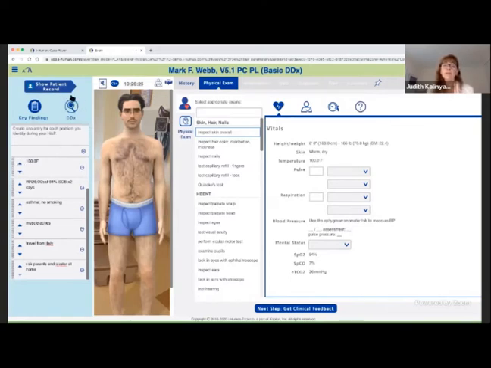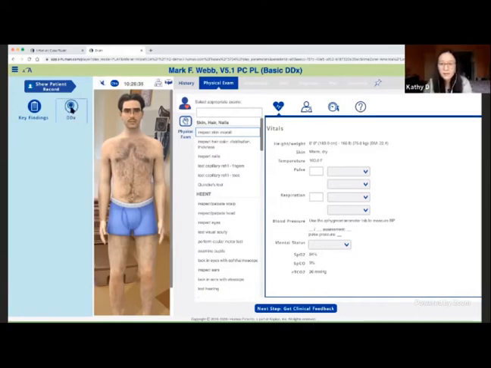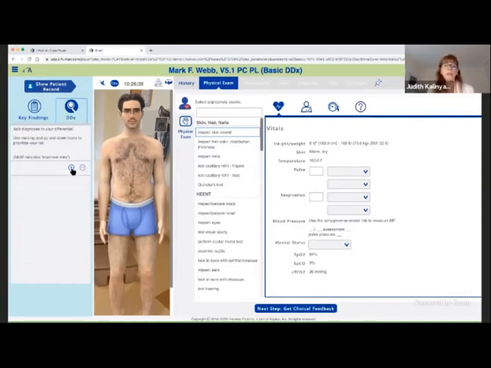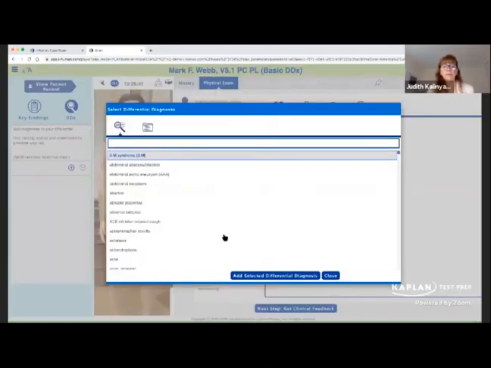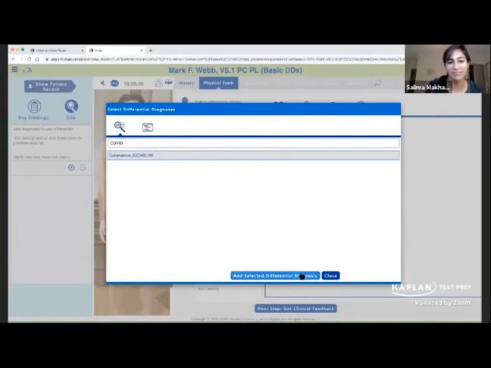Do we want to start a differential before we get into our physical exam? Does somebody want to just start tossing up things, or should we wait till later? We can have a general idea right now so that we can tailor our exam. Okay, so what would you like to do? Corona or COVID-19. Upper respiratory infections in general.